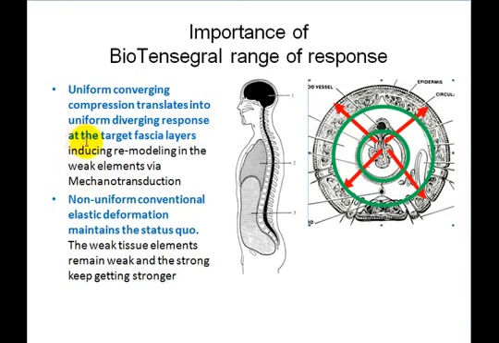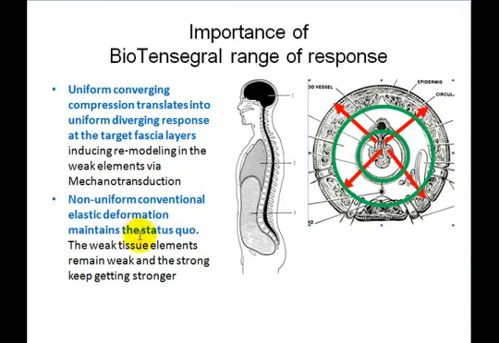The biointegral range of response gives us the uniform converging compression from the outside that translates into the uniform diverging response at the target fascia layers, inducing the remodeling in the weak elements via mechanical transduction.